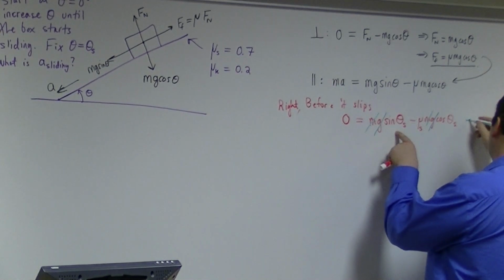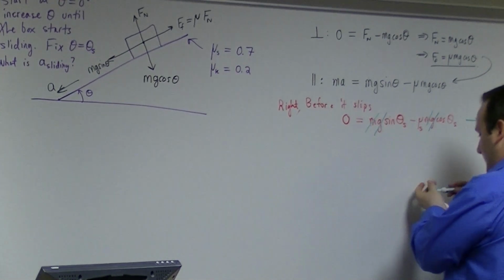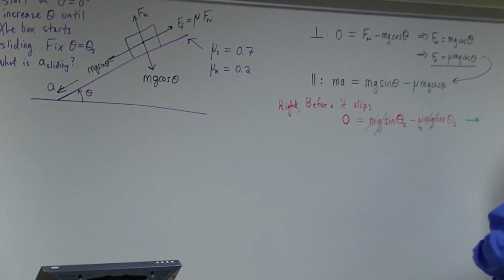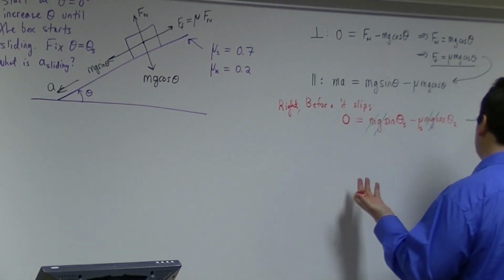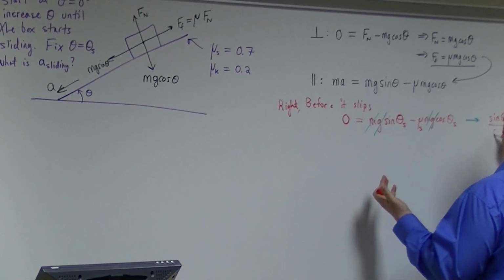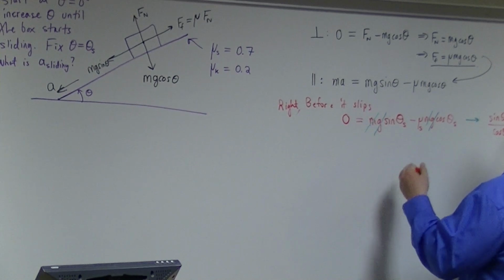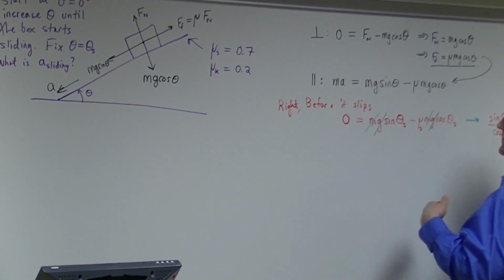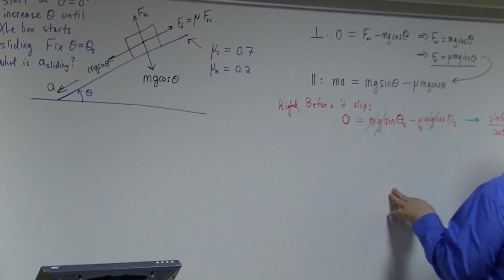And then, what we got? Well, oops, let me be green. So check it out. I got sine theta s over cosine theta s equals what? Mu sub s, which is 0.7.